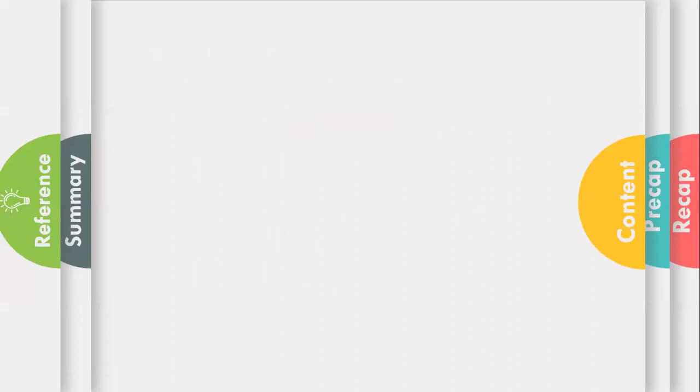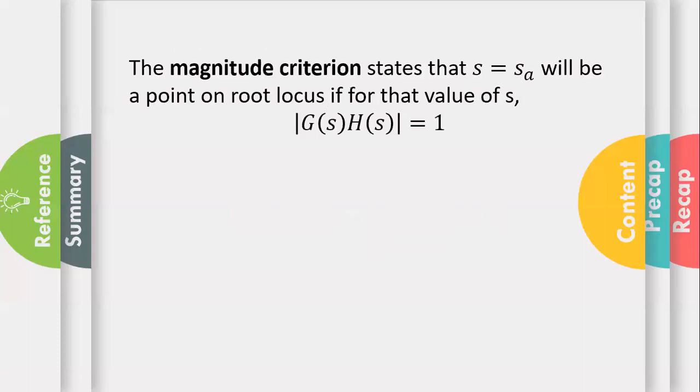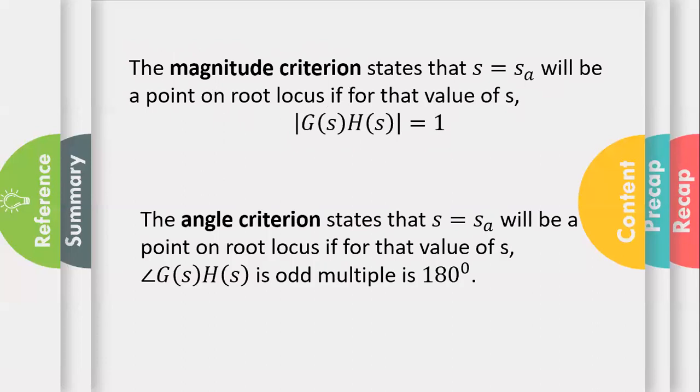Here we have derived the equations, but we can now make a statement. The magnitude criteria states that s is equal to sa, which may be any one point, s is equal to 1, s is equal to 2, whatever it may be, will be a point on the root locus if for that value of s, the magnitude of g of s into h of s is 1. This is called the magnitude criteria.